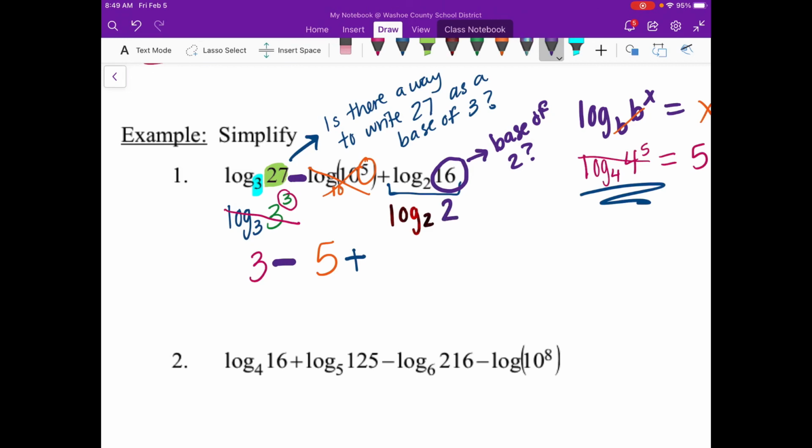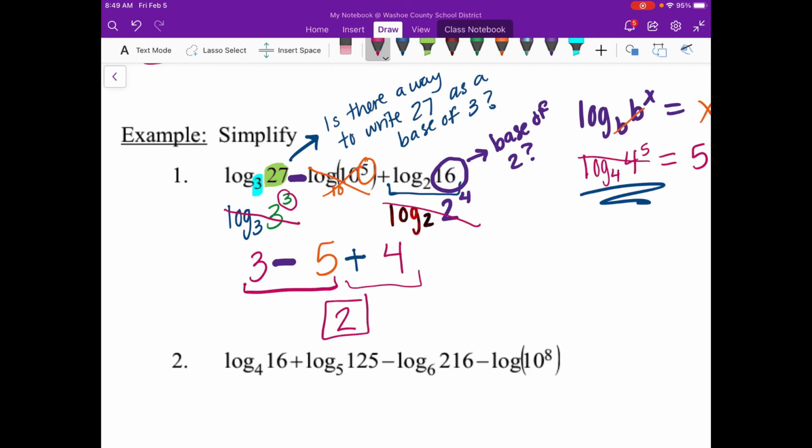So if I do 2 to the 4th, that gives me 16. Because I can rewrite it that way, these will cancel using that property from 6.3, and this would give me 4. So now I have 3 minus 5. 3 minus 5 is negative 2, plus 4 is 2, and that is how I simplify.